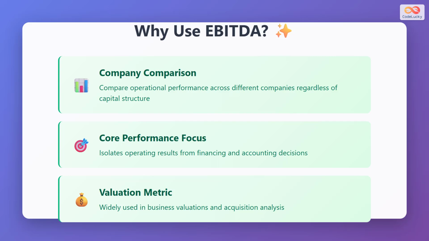Third, it serves as a valuation metric. EBITDA is widely used in business valuations and acquisition analysis. Investors often look at multiples like enterprise value to EBITDA to determine if a company is fairly priced. These benefits make EBITDA an essential tool in financial analysis.